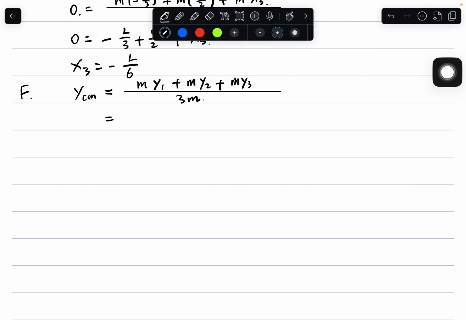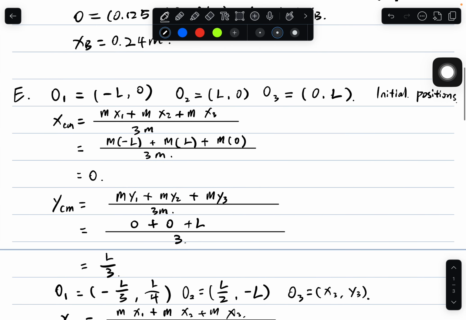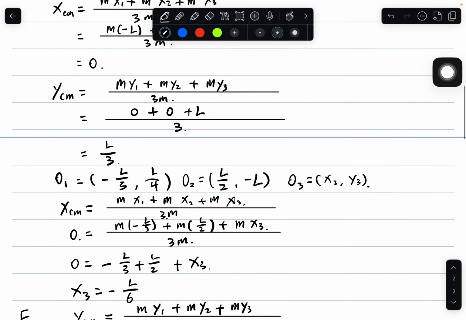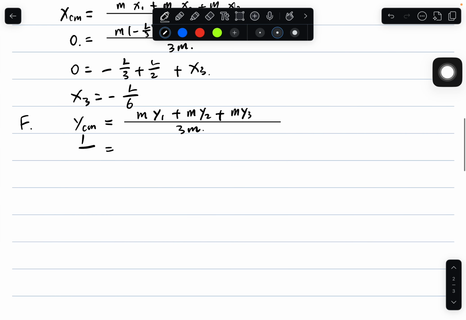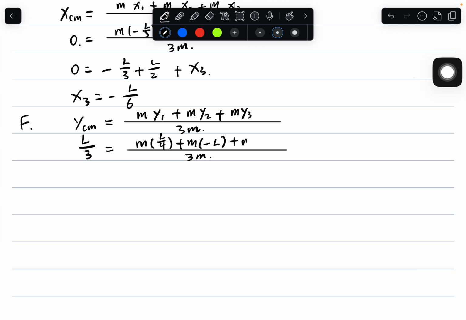The center of mass of y is L over 3, so L over 3 equals m times y1, which is L over 4, plus m times y2, which is negative L, plus y3, over 3m.